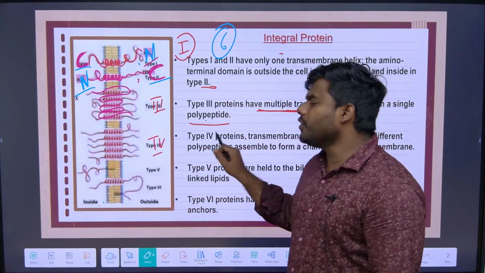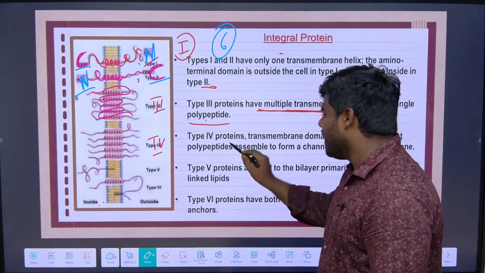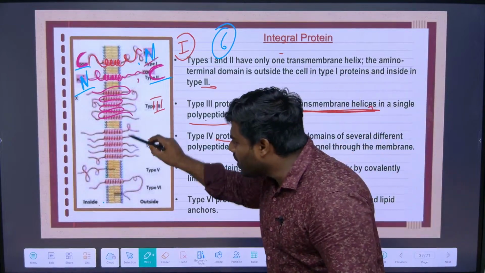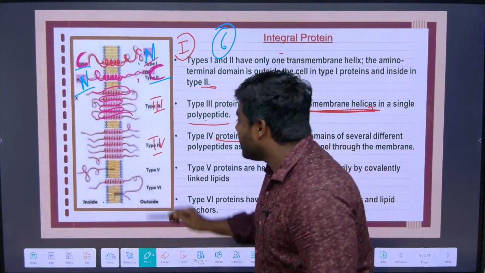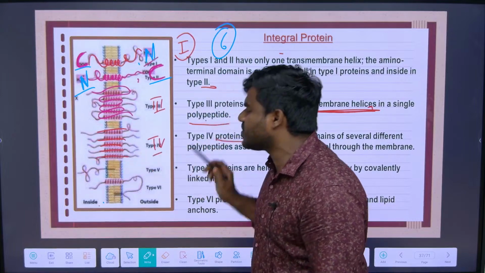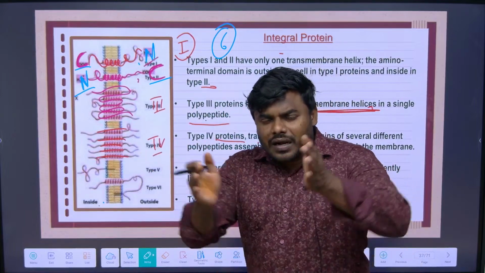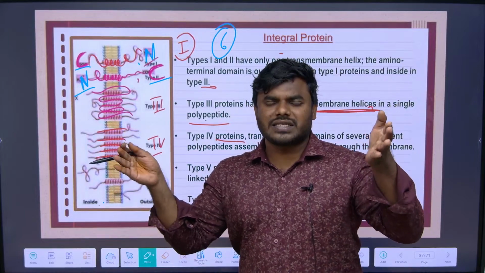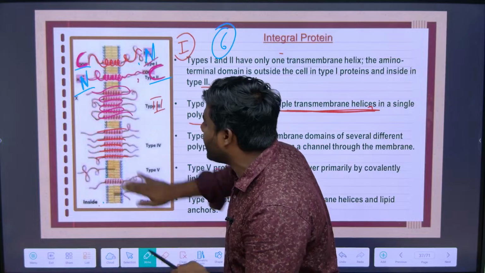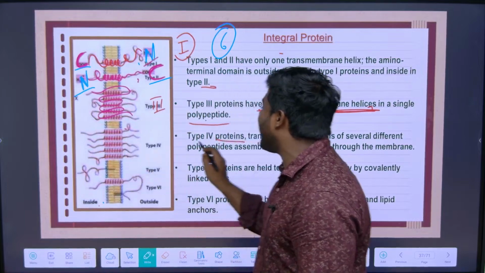But don't confuse it with the type 4. Everyone understand. When we consider the type 4 proteins, they are not a single polypeptide. This is different, this is different. What you have to understand, different polypeptides come close together and form a channel-like structure.